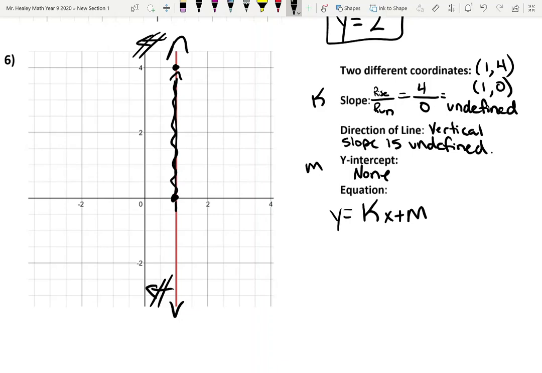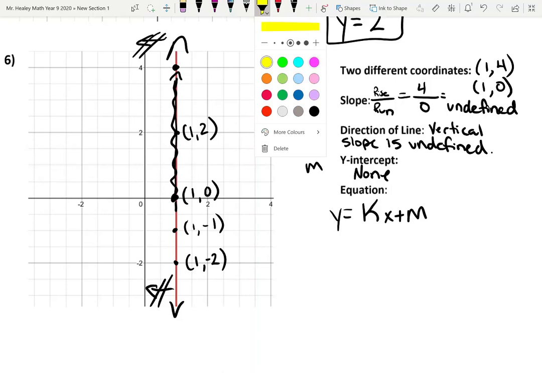What do you notice between each coordinate? The x value here is 1. This x value, for example, is 1. The x value here is 1. The x value here is 1. And you can go on and on.